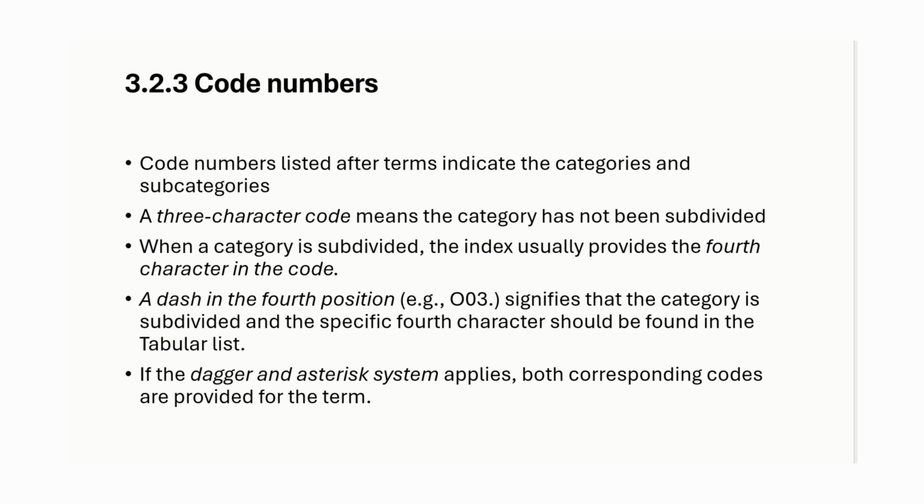Now, the code numbers listed after terms indicate categories and subcategories. All three-character codes mean the category has not been subdivided. When a category is subdivided, you'll find the fourth character. A dash in the fourth position signifies that the category is subdivided and a specific fourth character should be looked for.